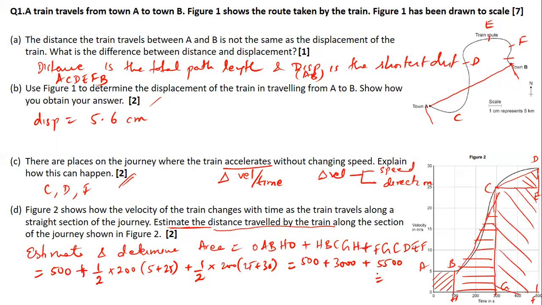Which should now be equal to 8,500, 9,000 plus 500. So 9,000 units. It is meters over here. Okay, so this is how you find out the total distance traveled by the train.